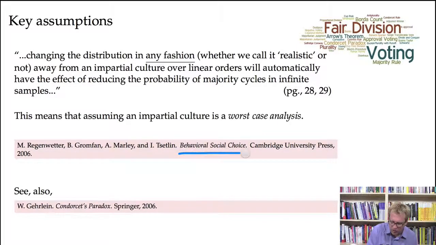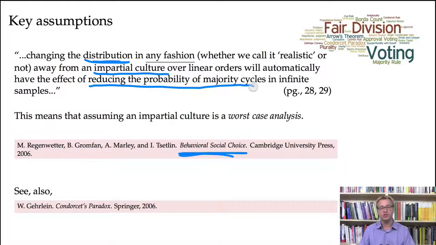I can refer you to this book, Behavioral Social Choice, by this group of authors. But the take-home message is that changing the distribution at all in any fashion whatsoever, whether or not you consider it a realistic change, any move away from the impartial culture assumption will automatically have the effect of reducing the probability of majority cycles in infinite samples.